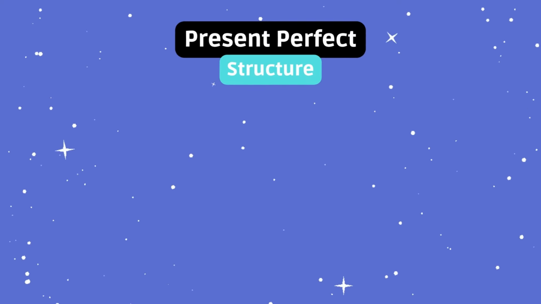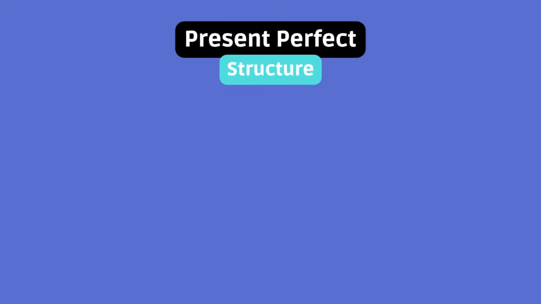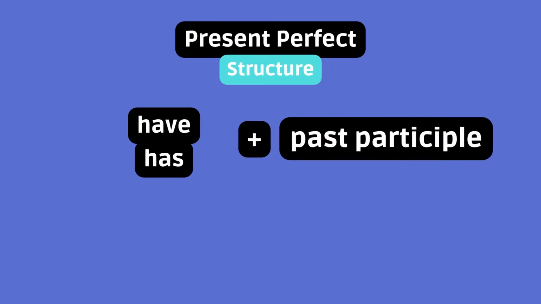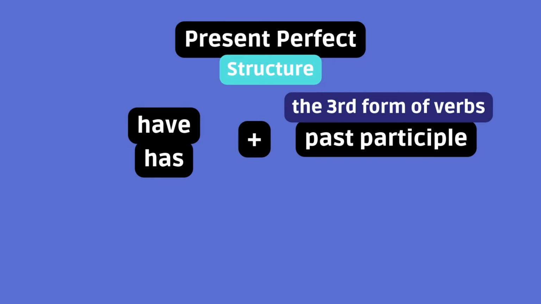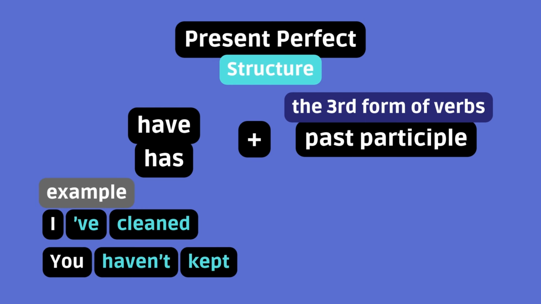Structure of the present perfect. A brief overview. The present perfect is formed with two words, have or has, and a past participle, the third form of verbs, or V3. Example, I've cleaned. You haven't kept.